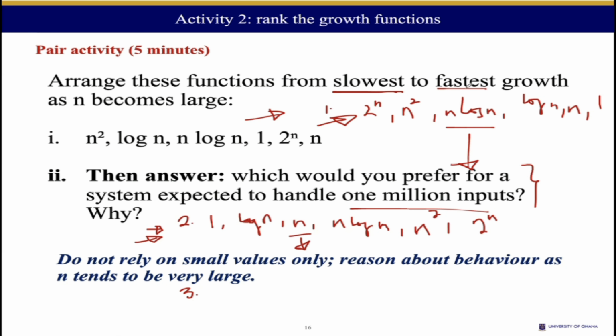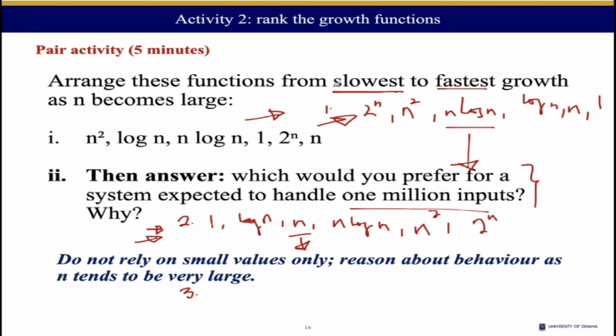Now it must be the first one. No, the fastest should be 2 raised to the power n, because the question says we should arrange these functions from the slowest to the fastest growth as n becomes large. So he started by stating that 1 is the constant, which is the slowest, followed by log n in that order.